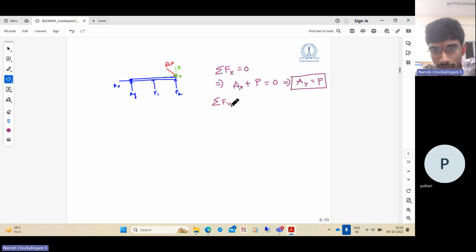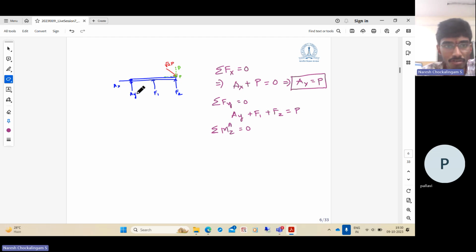Let us set sigma Fy equal to 0, in which we have AY plus F1 plus F2 is equal to P, the vertical component of the force. And let us set sigma Mz about which point equal to 0. Let us take about the point A, because there are two unknowns at this point A. Let us get rid of one of them.